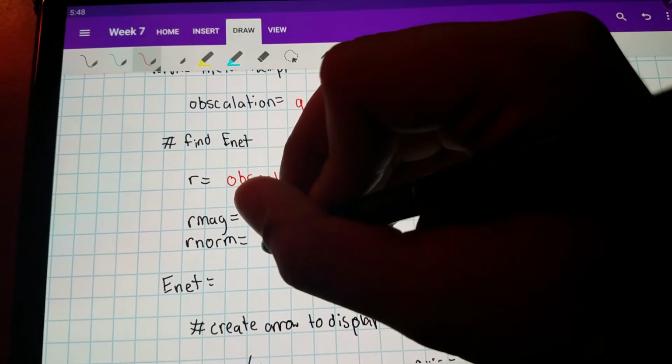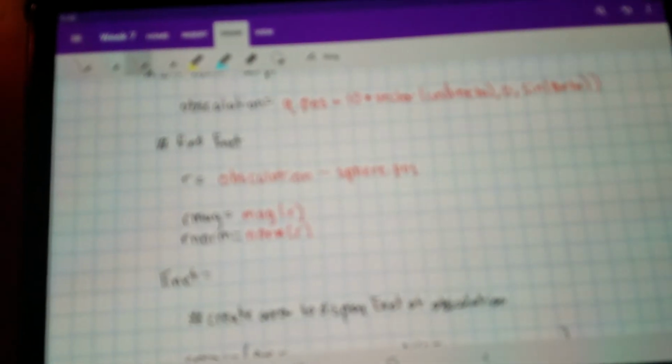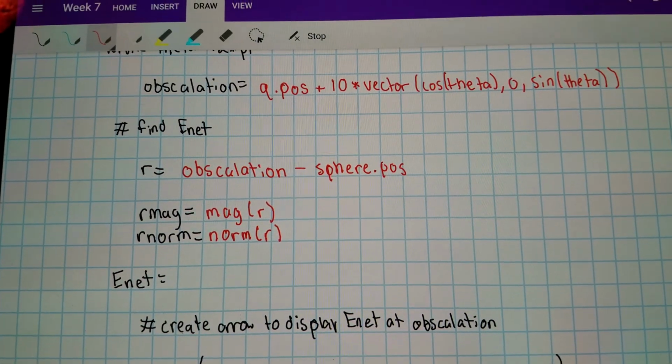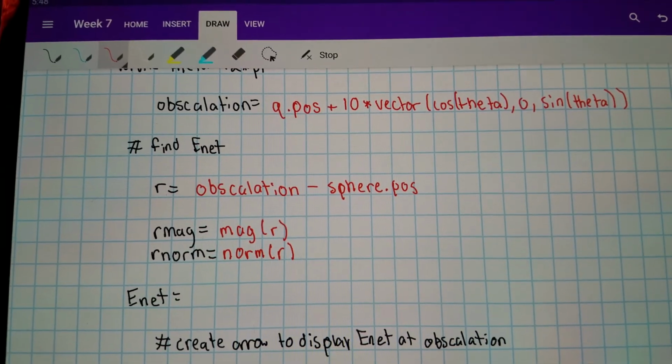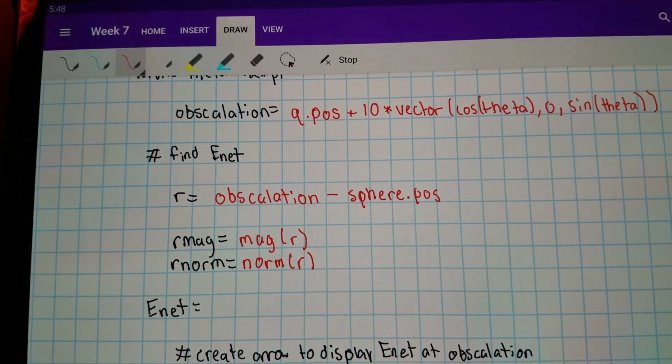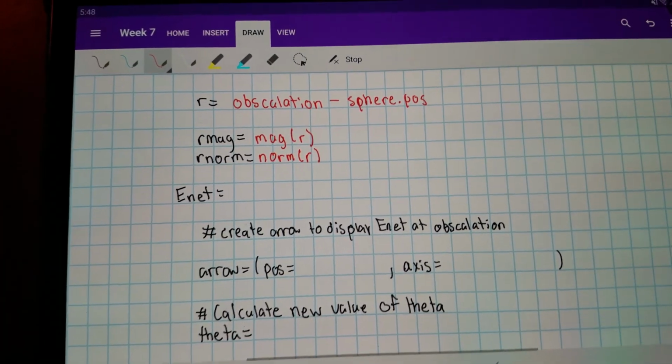Now if I try to find R norm, it's just once again another command that you must know. Very useful for later problems. So norm of R. And now you just use your point charge formula, or your relative formula that may be used. You may have a disk, you may have a rod.